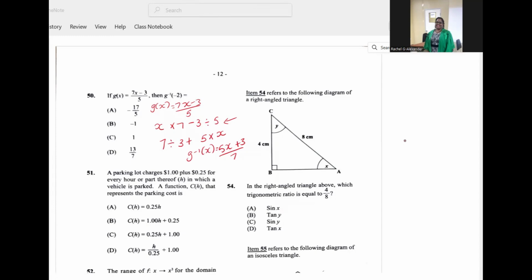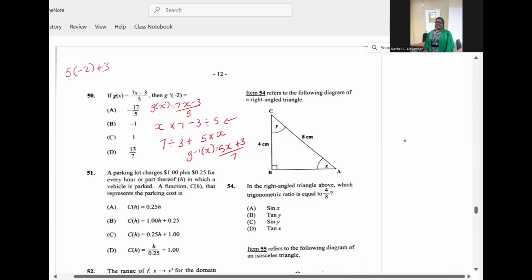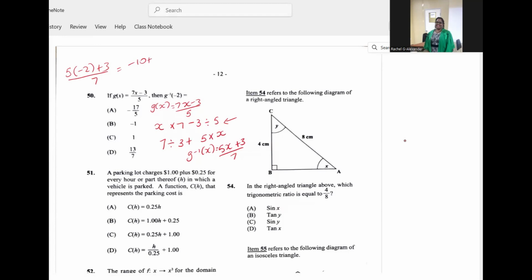Right? So now g inverse of negative 2 will be 5 by negative 2 plus 3 over 7. 5 by negative 2 is negative 10 plus 3 over 7. That will give me negative 7 over 7, which is negative 1.